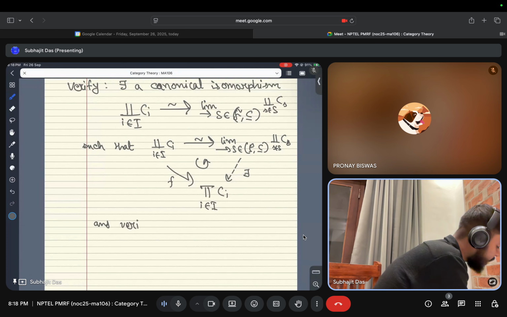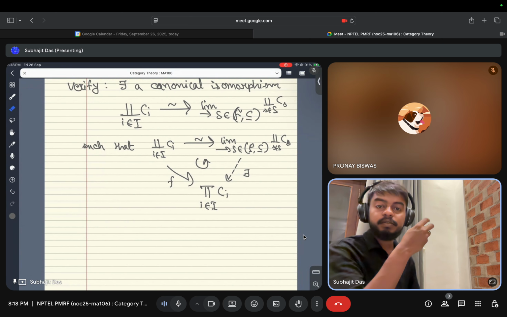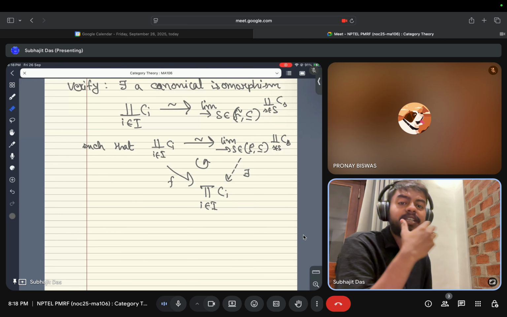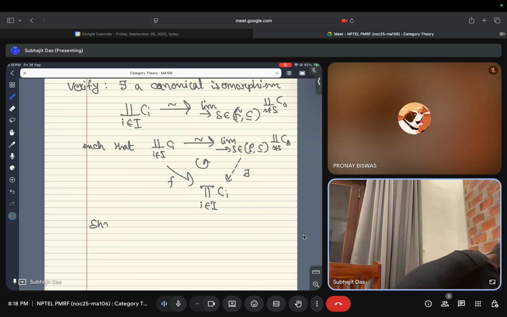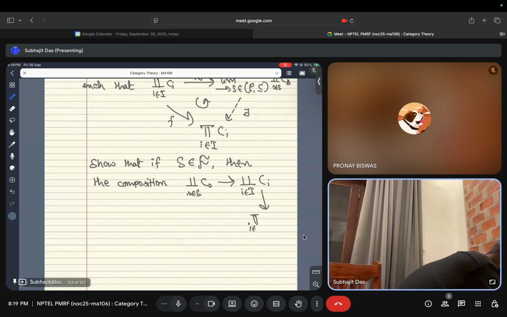So what is this dashed arrow that we are talking about here? The problem has now been reduced to working with finite subsets of I. So just take an arbitrary finite subset S of I, that is, S belongs to the family F. Then the composite morphism from the coproduct over s in S of C_s to the coproduct of C_i to the product of C_i is a monomorphism.